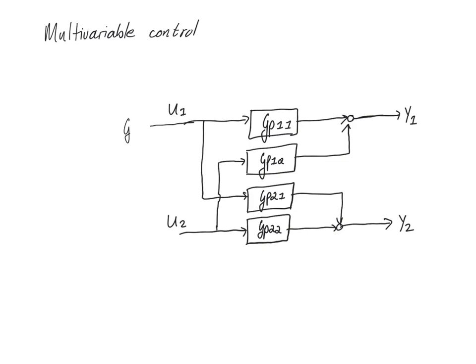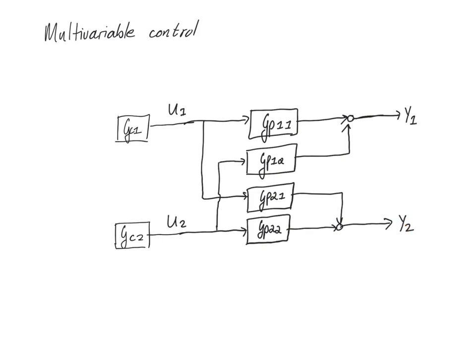And we will have two controllers, one which is connected to the first controlled variable and one which is connected to the second. So controller 1 manipulates manipulated variable 1, which controls controlled variable 1. Controller 2 goes through manipulated variable 2 to control controlled variable 2.